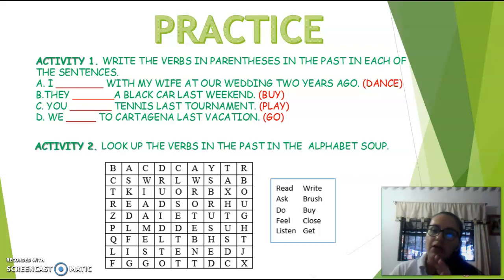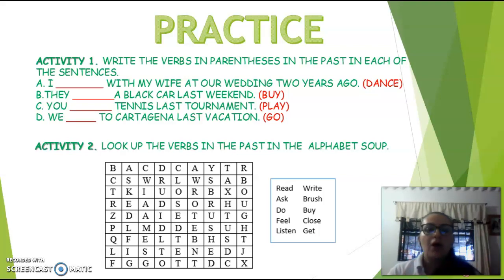So you need to change this verb to the past. How can I say in the past, "I dance with my wife at our wedding 2 years ago"? Remember what happens with the regular verbs and the irregular verbs. You need to check.